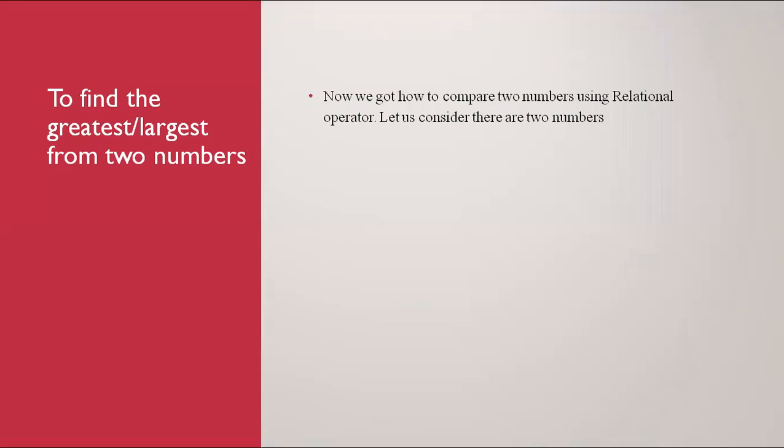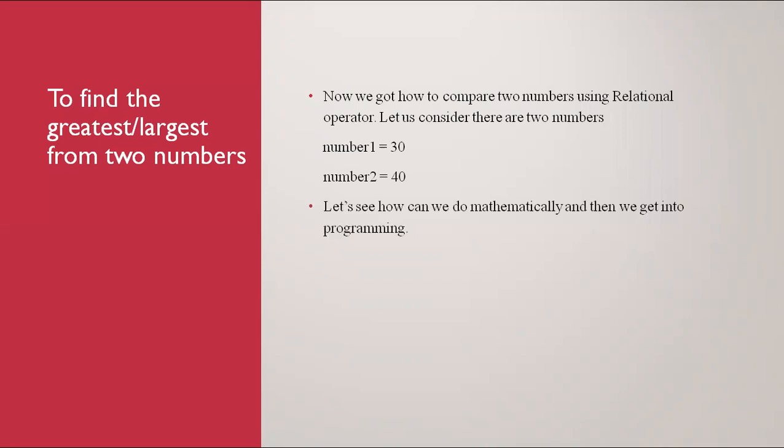Let's consider there are two numbers: one is 30, the other one is 40. How do you say mathematically that number 2 is greater, or number 1 is greater? That is the basic thing which we do. So let's write it mathematically, and then we get into the programming.